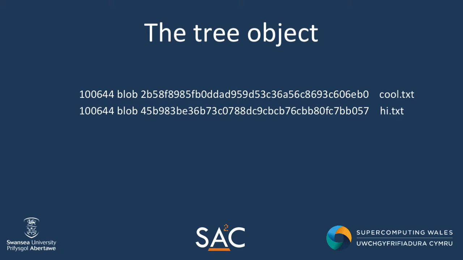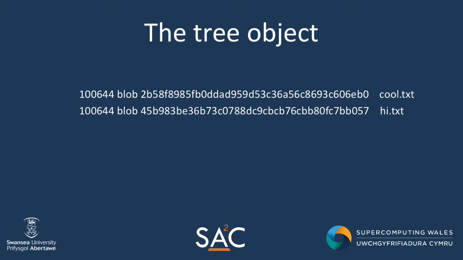It's got permissions. What is the child? This could be a blob or a tree. The hash of the content, which is nice because we can now validate that the content is the right content that it should be. And the name of the file. Notice the name of the file isn't related in any way to the content. So that's the tree object.